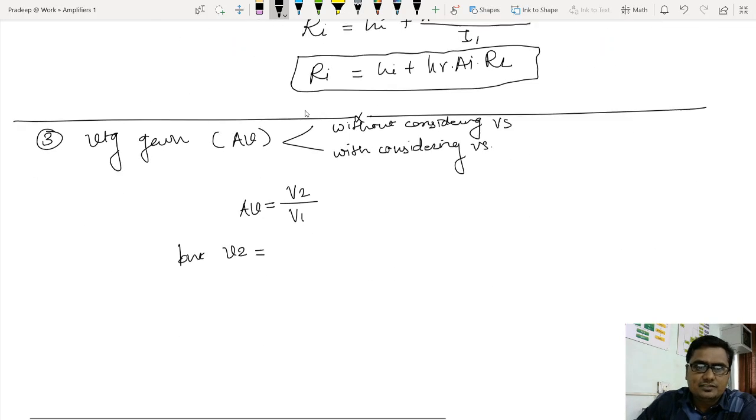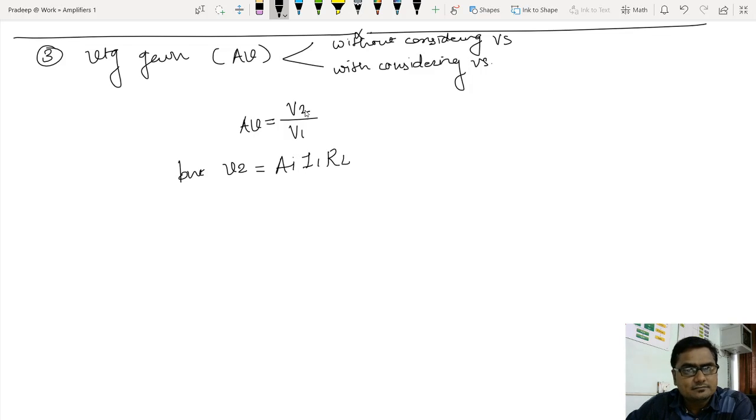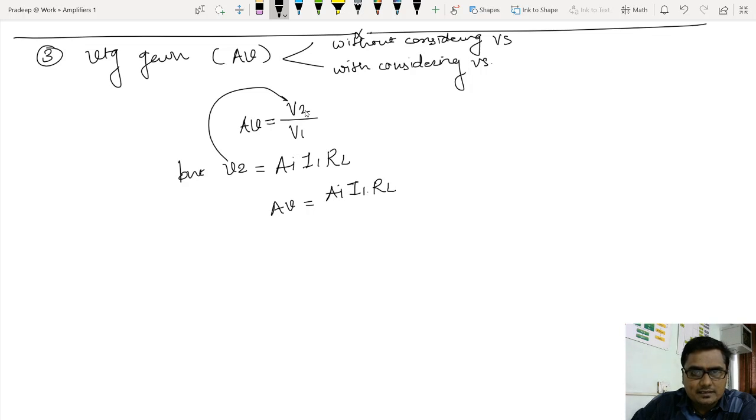So I am using that. Now put this value of V2 in this equation, then I get AV is equal to AI I1 RL divided by V1.